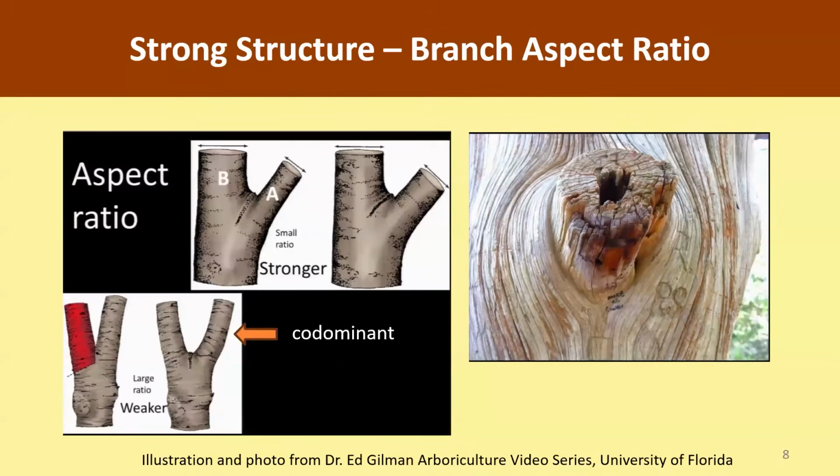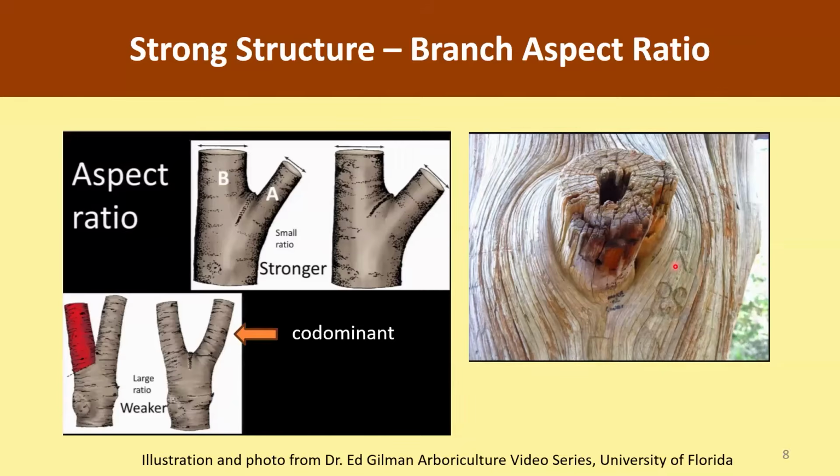Aspect ratio is the third clue. It's the diameter of the branch divided by the diameter of the trunk. Now, this photo shows a very strong connection between a large trunk and a small branch, where the trunk wood wraps all the way securely around the branch wood.